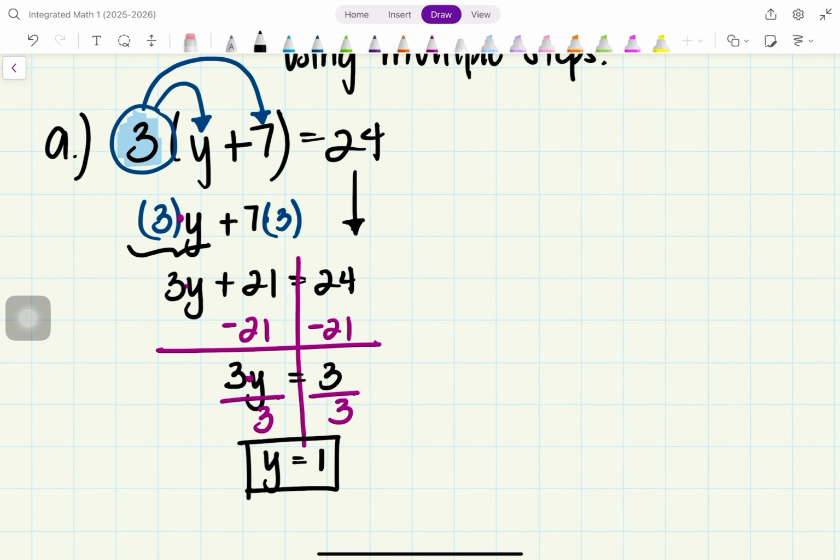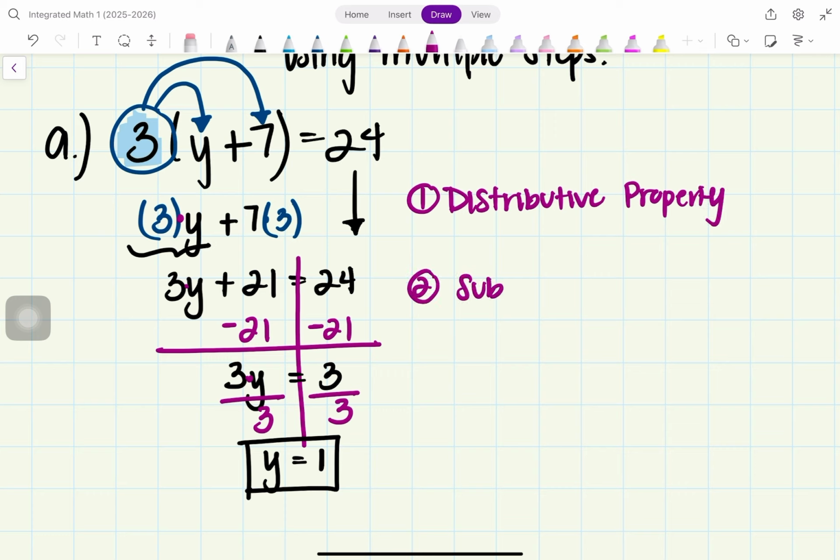So just to show the steps once again: first, we did distributive property, so we distribute. The second step is we subtract 21 on both sides. And the third step is to divide by 3. We're going to do this pattern a couple times.